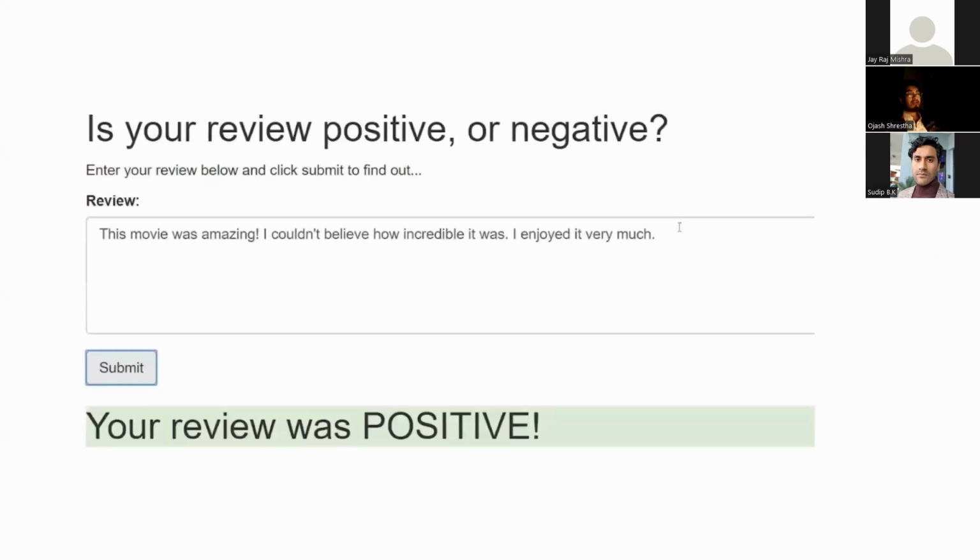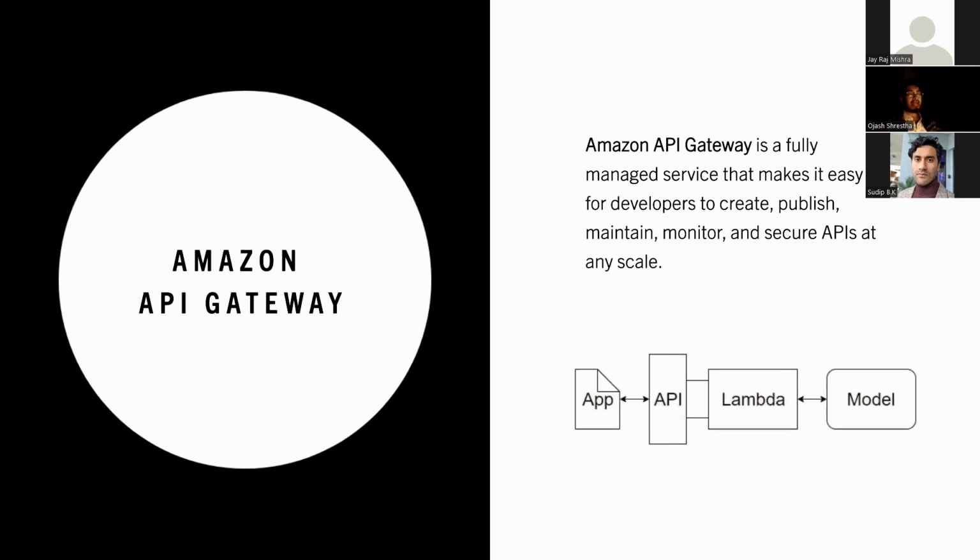So next is the demo, and for example, this is an easy one: is your review positive or negative? You have this form where you just type in, "This movie was amazing, I couldn't believe how incredible it was, I enjoyed it very much." This input from the web browser will give that data to the API itself, and that will trigger the Lambda, then it will go to the model, and the model will give you an output.